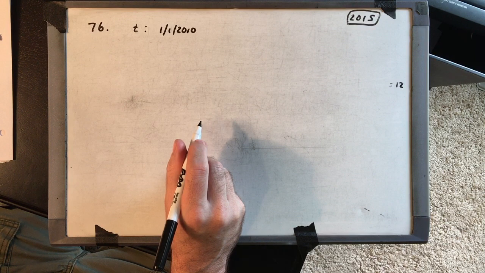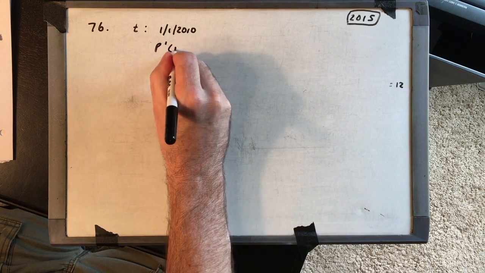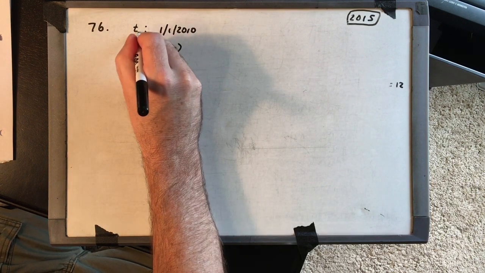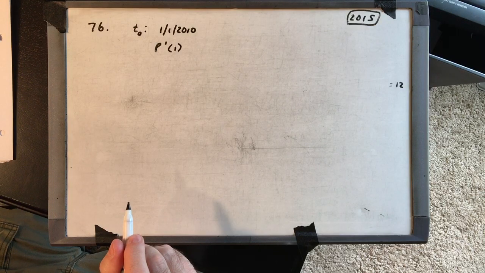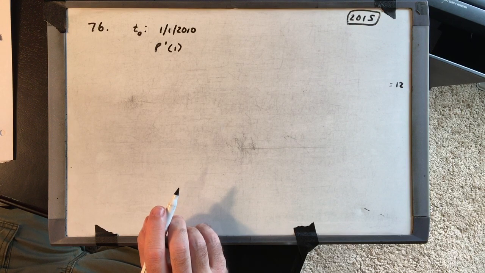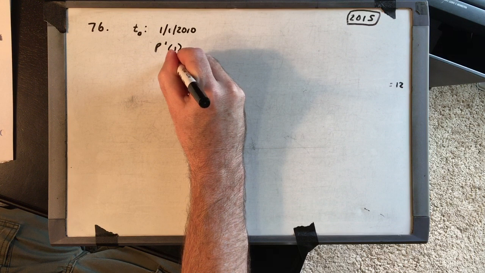Which of the following is the best interpretation of p prime of 1? So that would be t naught, our initial t. t is the number of years since January 1st. So p prime of 1 would be 1 year later.